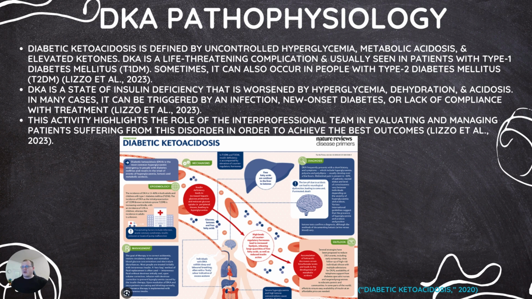So the pathophysiology of DKA is actually fairly simple, but also fairly complex. As I said before, it's defined by uncontrolled hyperglycemia and metabolic acidosis, elevated ketones. It is a life threatening complication, and again, usually seen in type 1 diabetes. It's insulin deficiency.